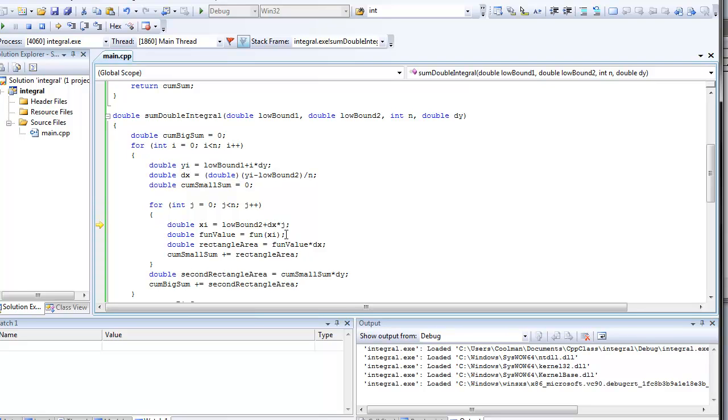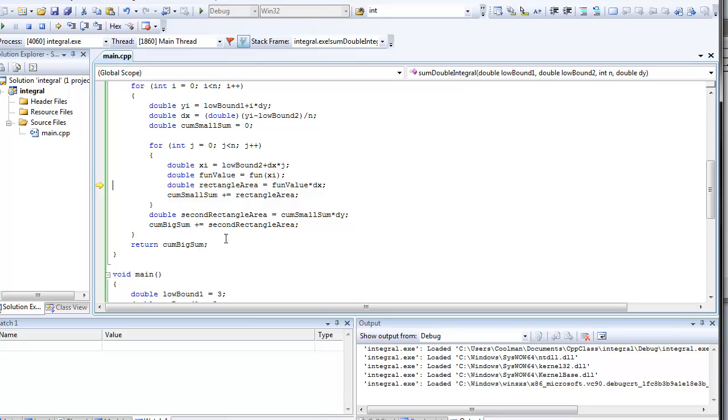Okay, you can see that the numbers here will go to 3. It's kind of slow, but you just have to trust me. Return cubic sum. It returns 64 and something.